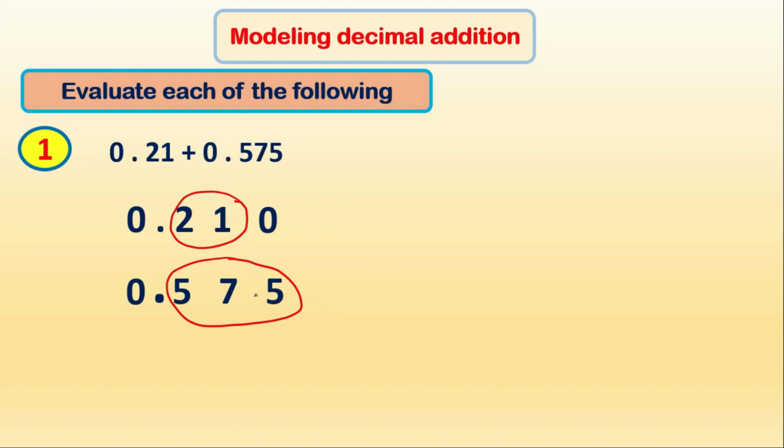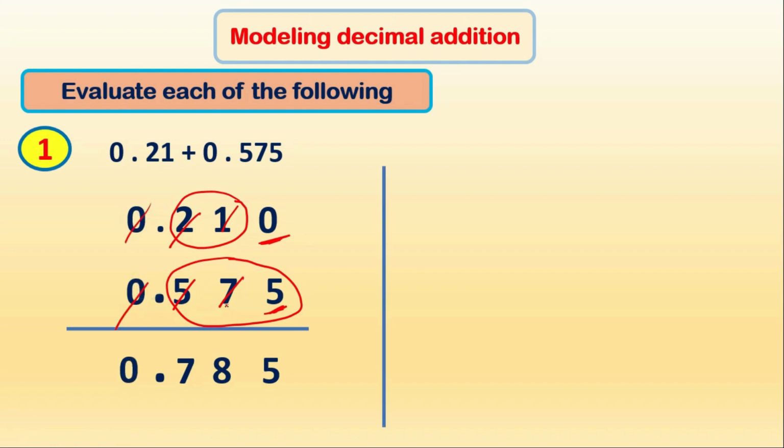Now you can add the two numbers starting from the first digit on the right. 0 plus 5 equals 5, 1 plus 7 equals 8, and 2 plus 5 equals 7, and then drop the decimal point, don't forget. Then 0 plus 0 equals 0.